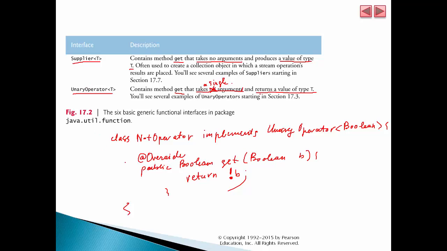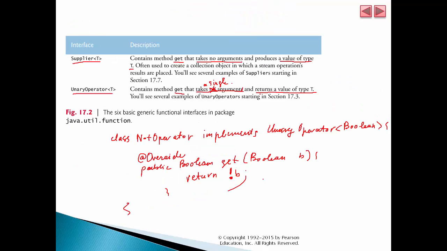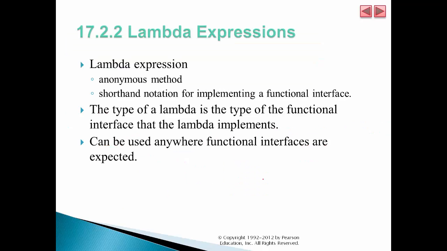Instead of writing all this class and implementing all this stuff, you can implement these SAMs using a slightly different, better, shorter syntax. This syntax is called a Lambda expression. It's called an anonymous method, and it's a shorthand notation for implementing an entire functional interface.